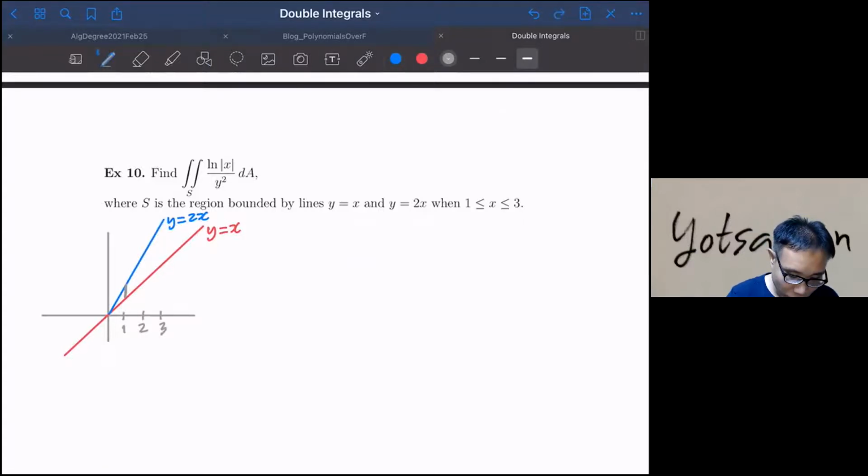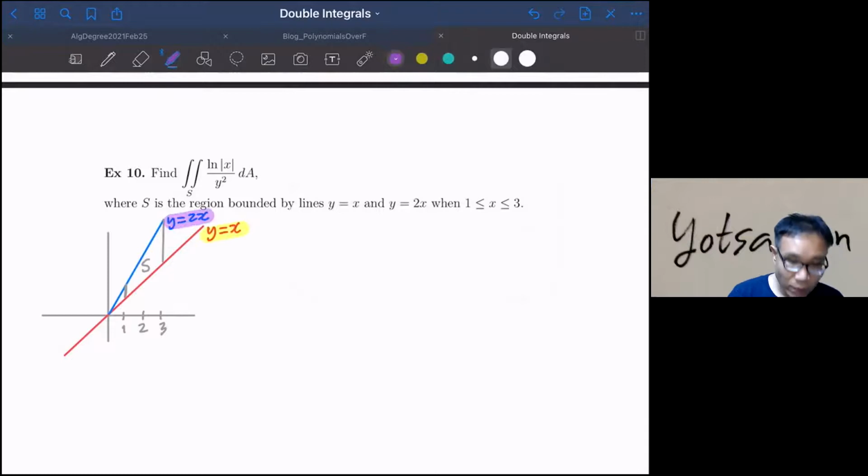Let me draw something nicer. It should be like this. Okay, and the region turned out to be somewhere in the middle here. Okay, so that is going to be my region S. And you see pretty clear that for this one, y is going to run between the yellow one and the purple one.